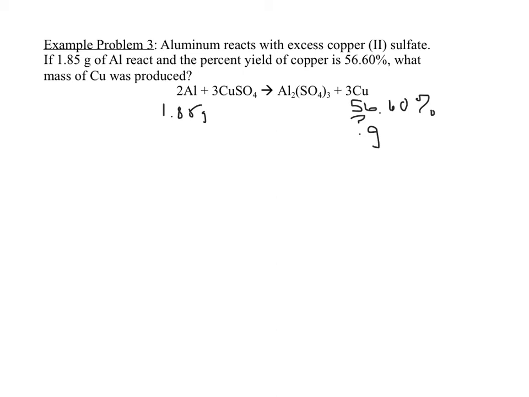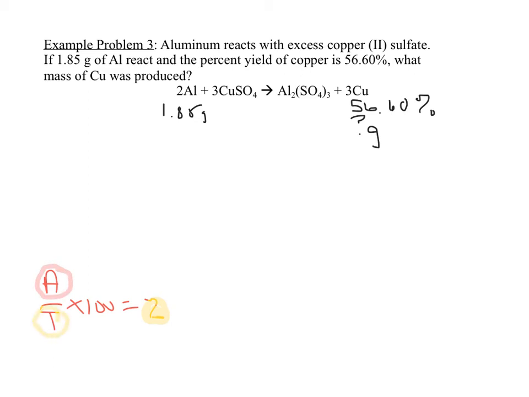We're given the percent. So in this problem, if you think about what we have and what we're trying to get to, if we're dealing with actual over theoretical times 100 equaling percent, we've been given the percent, and we're asked to find the actual, which means we're going to have to find the theoretical.